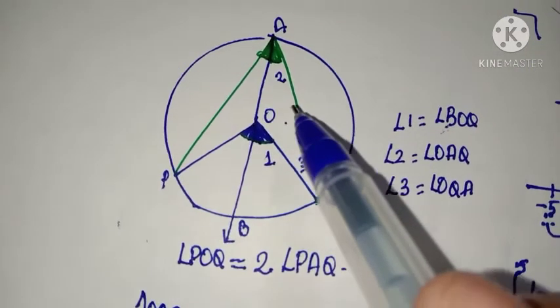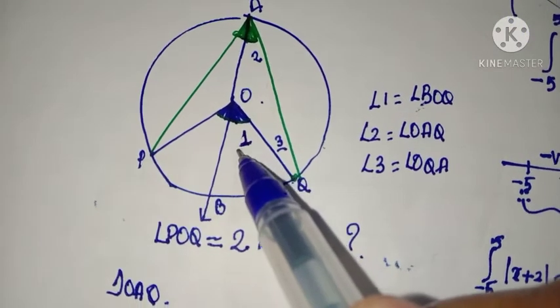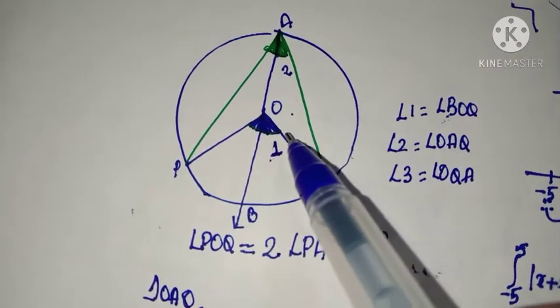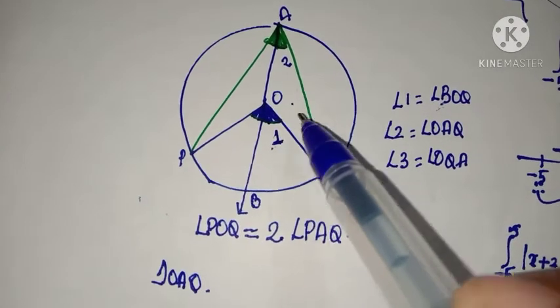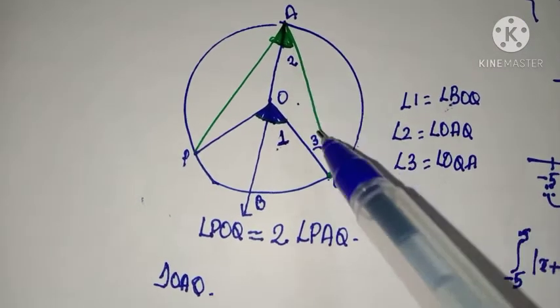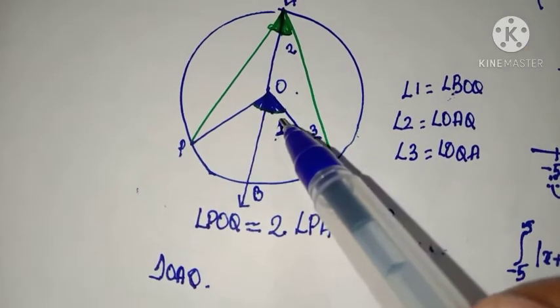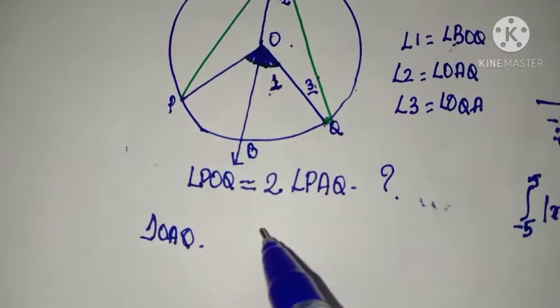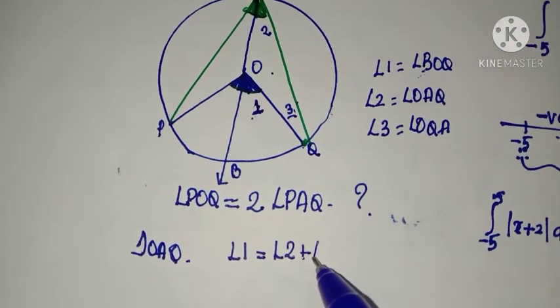In this triangle OAQ, angle 1 is the exterior angle. Therefore, we can apply the exterior angle theorem. What is the exterior angle theorem? The exterior angle is equal to the sum of the two remote interior angles. So angle 1 is equal to angle 2 plus angle 3.